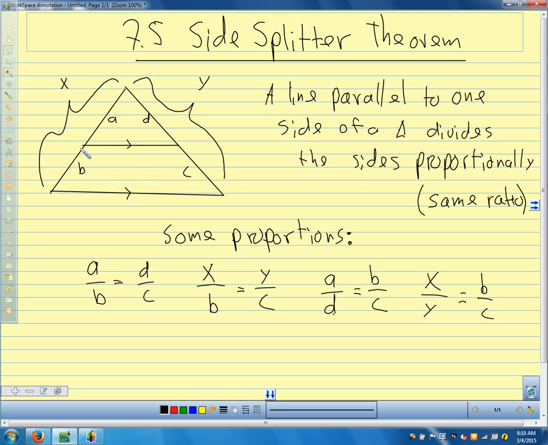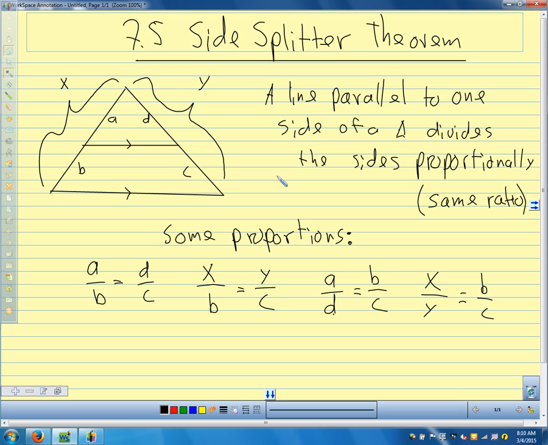And what did the mid-segment do to the sides? Bisected, cut them in half. So our proportion for the mid-segment would be 1/2. So the mid-segment is a special case of the side splitter theorem where our ratio is 1/2 because this was right in the middle of the sides. So this is related to mid-segments also. This actually is why the mid-segment works out the way it does.